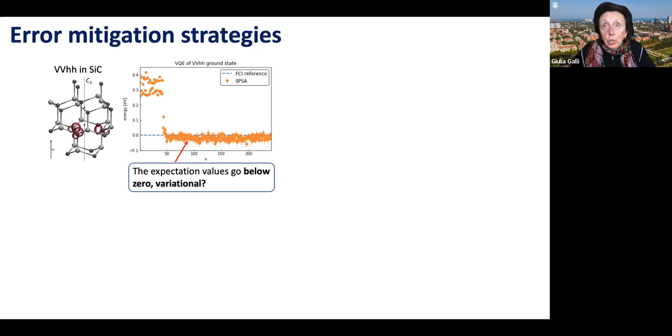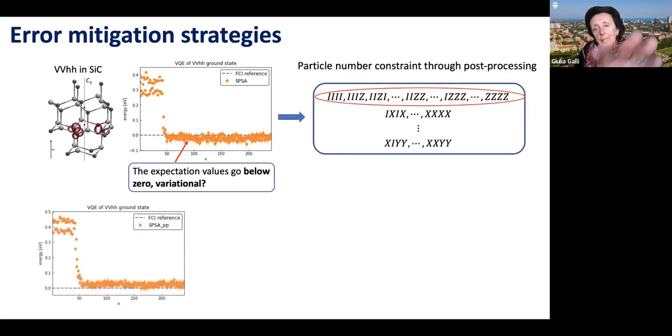And if it's not conserved and the constraint is not satisfied, you go below. So we found a way; forget about what, this graph is a little bit too complicated for a talk like this. But we had to impose a constraint, and we did this through a post-processing mechanism.